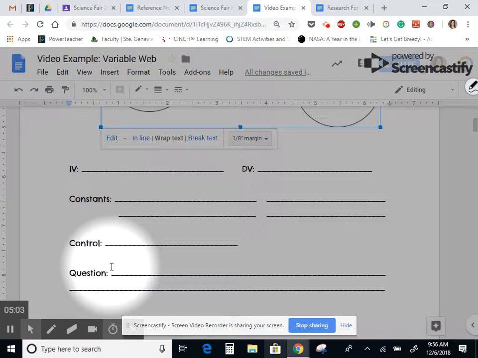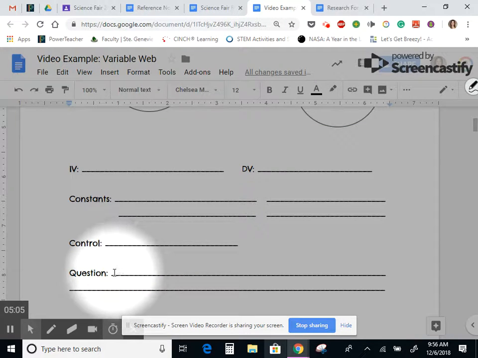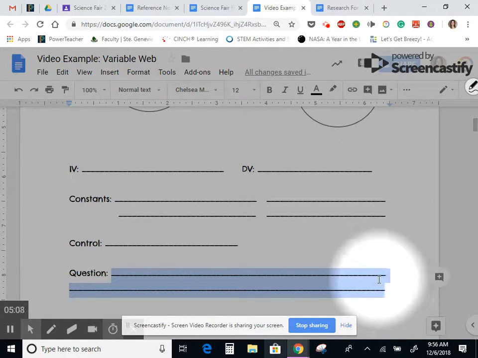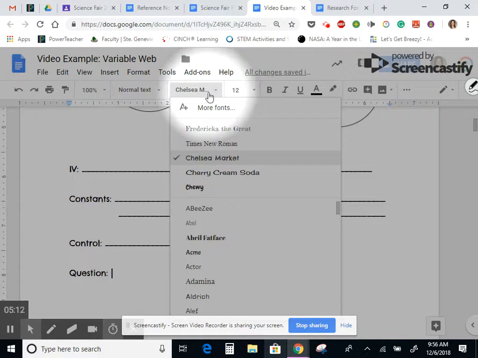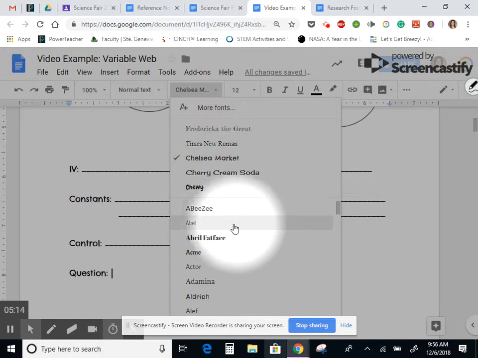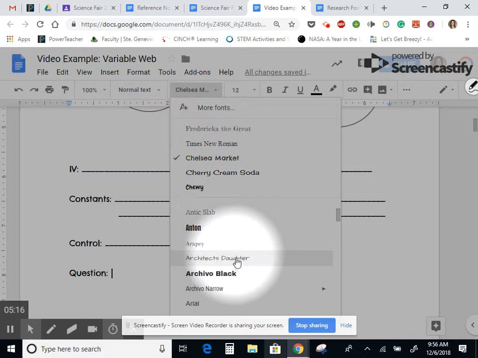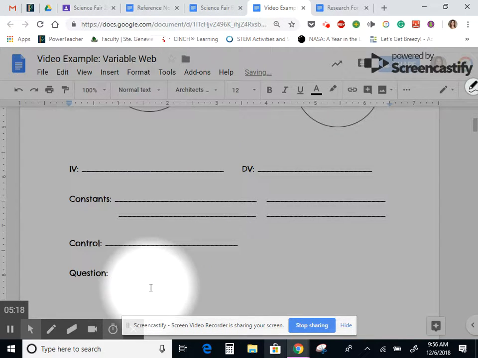That format is: how does the IV affect the DV? I'm going to erase these lines and write it out. So, how does the IV affect the DV?